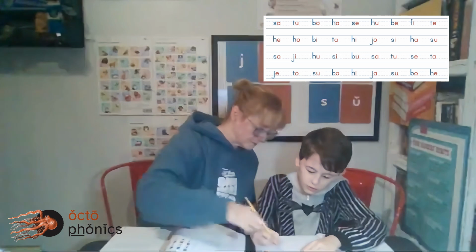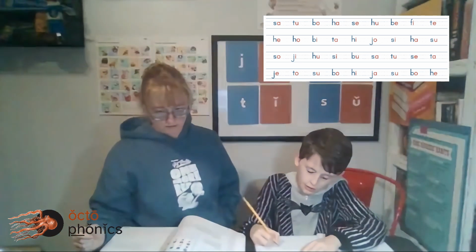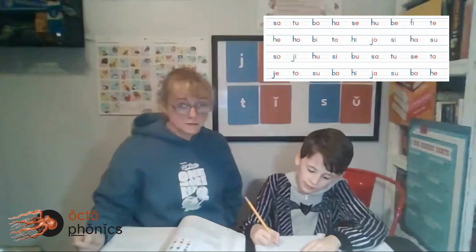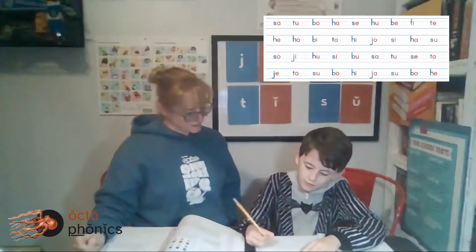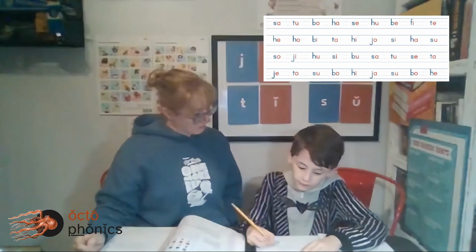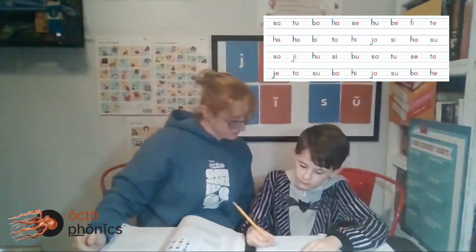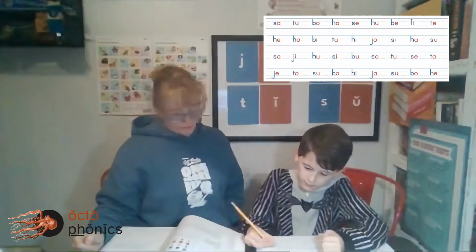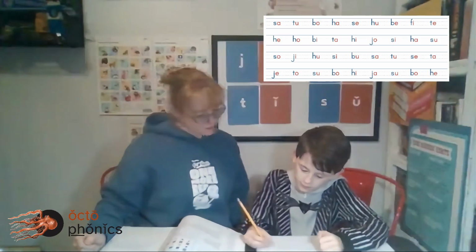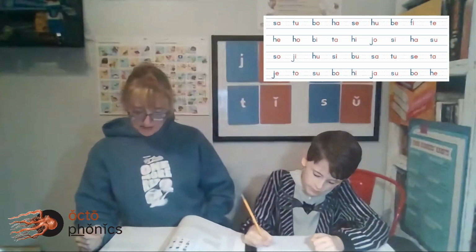Right here. Excellent. They threw a letter in there we haven't done yet. Do you know that one? I. Fi. Yeah, that's a cool one. Okay, cool beans. All right, how about this one? Te.